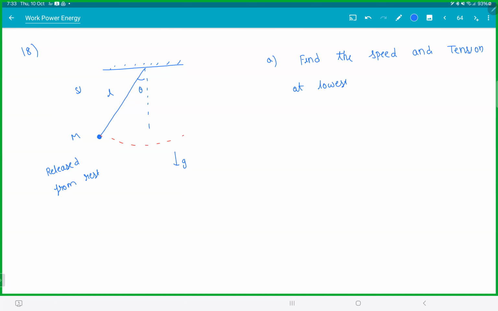This is a string. Second thing, if the magnitude of initial acceleration and the acceleration at the lowest position is the same, find theta.